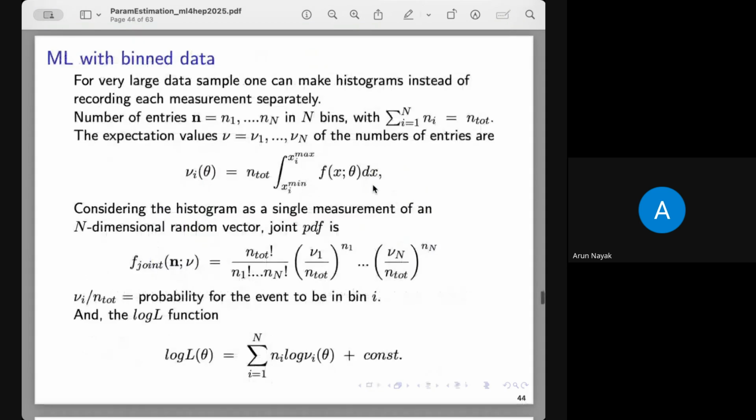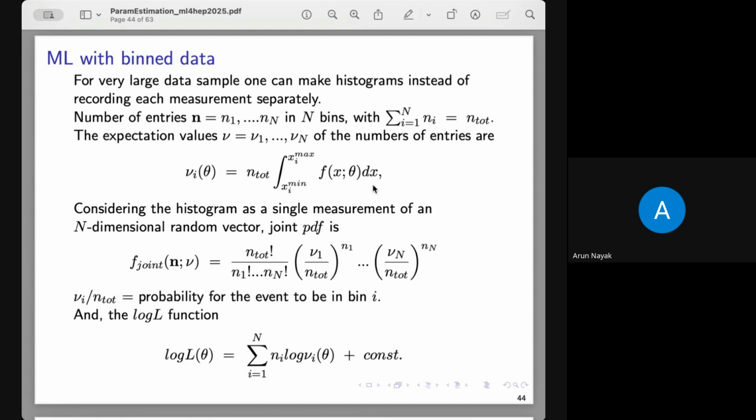Seems not. Then, so far, we have discussed the maximum likelihood fit with the unbinned dataset, where we simply constructed the likelihood by making a product of the individual probabilities. Now, suppose we have a very large data sample and the number of events is very large, then it may be useful to make histograms instead of recording each measurement separately.